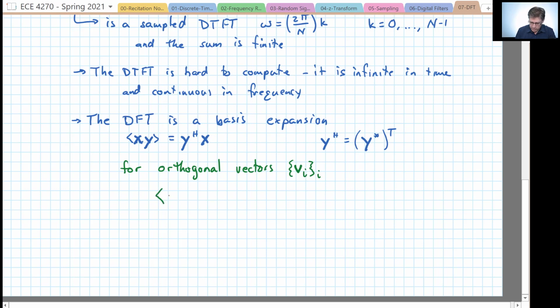Recall that the inner product of v_i with v_j is going to be 1 for i equals j and 0 otherwise.